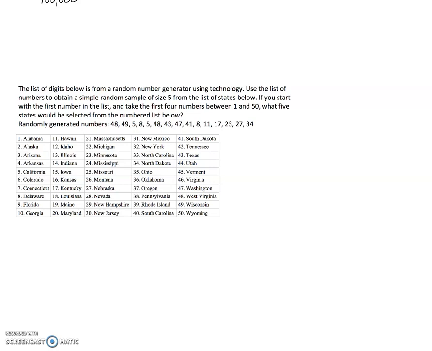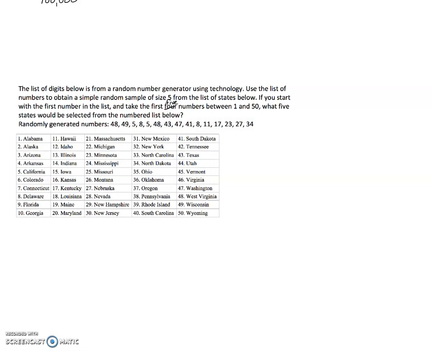And I know that might be a little small on your screen, but it's the same list of states as in section 1.3 notes. So if you start with the first number in the list and take the first 5 numbers between 1 and 50, what 5 states would be selected?